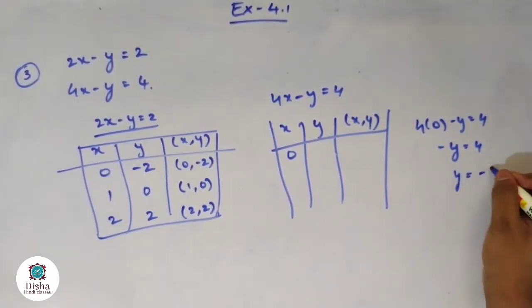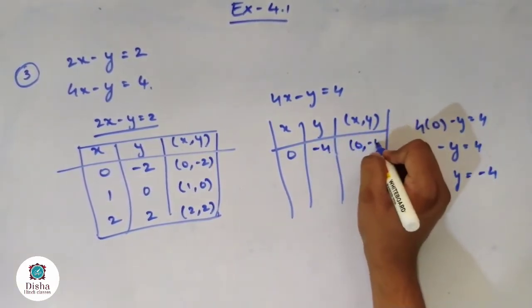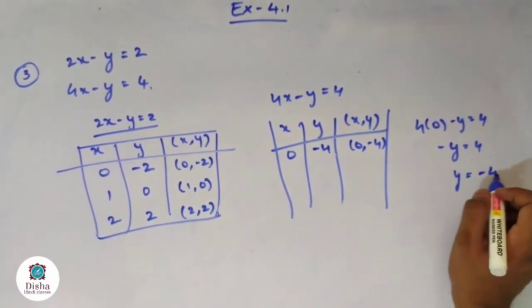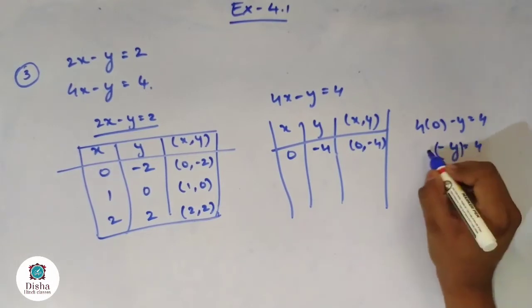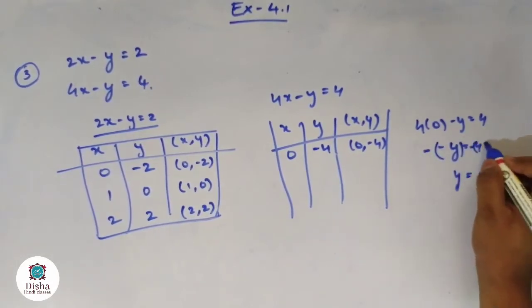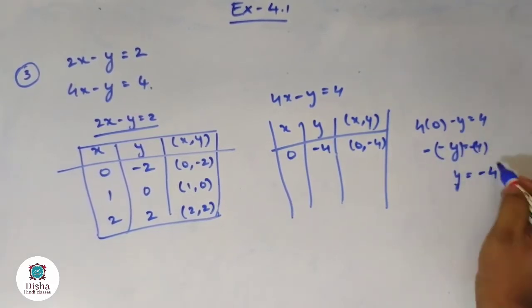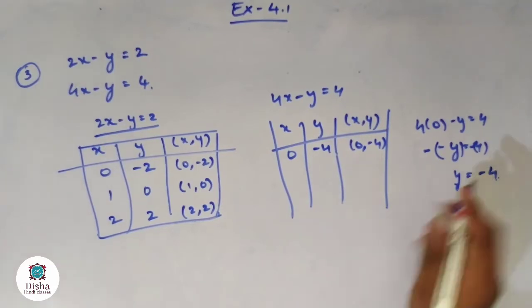Then y will be equal to minus 4. So 0 comma minus 4. So how? Minus y equals 4 and y equals minus 4? So if you multiply both the sides with minus, what will you get? Here you will get plus y and here you will get minus 4, right? So in this way y equals minus 4.